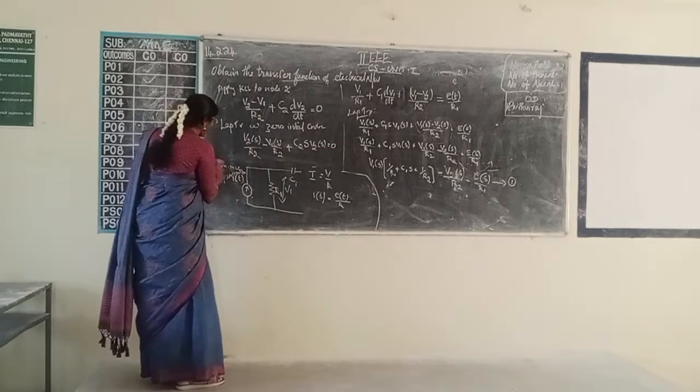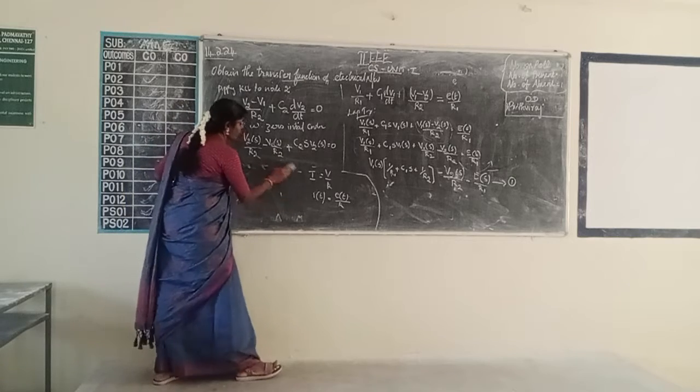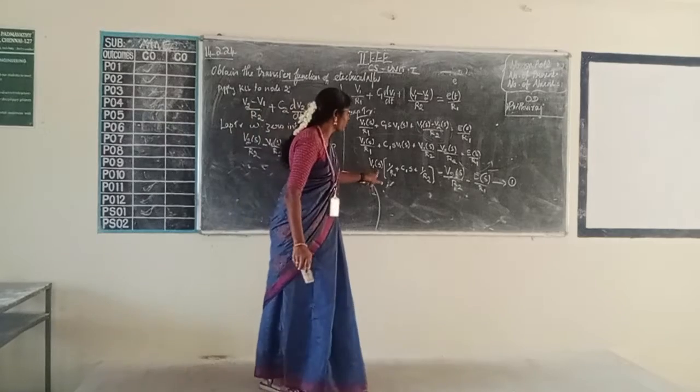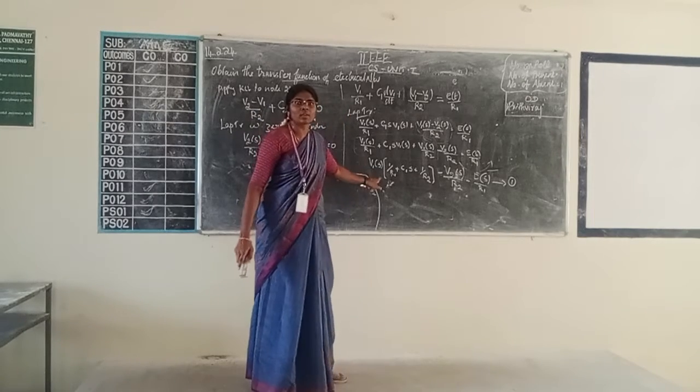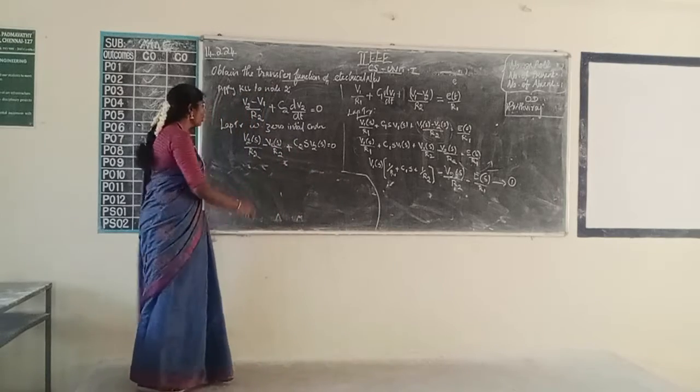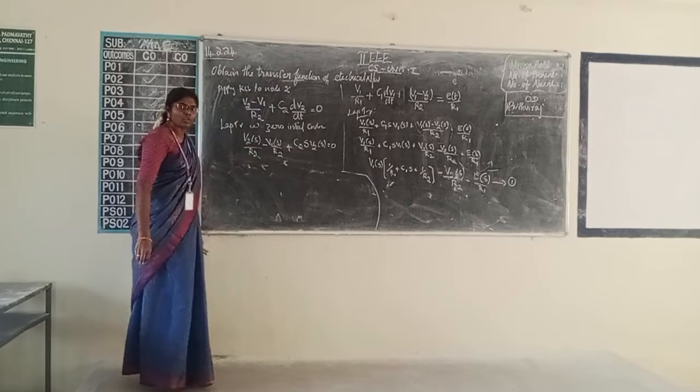From this equation, what I have to find out? V1 of s. Okay. So if I find V1 of s, I have to substitute it in the first equation so that I can find the Laplace transform V2 of s by E of s. So from this equation, I have to find V1 of s, right?